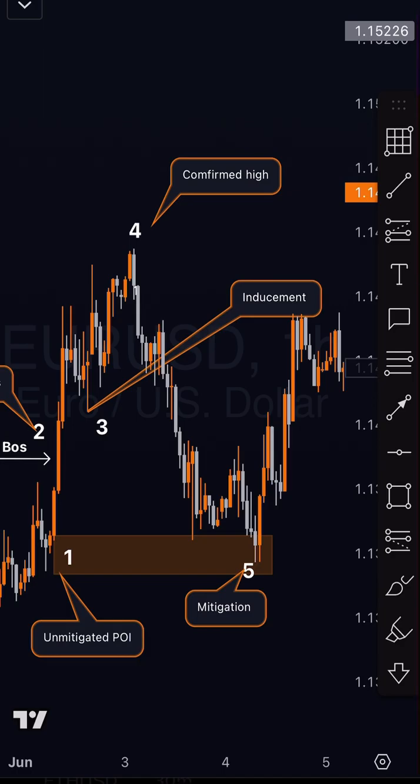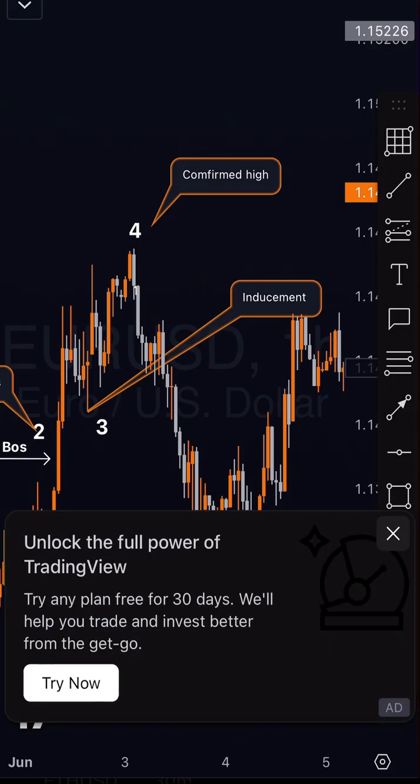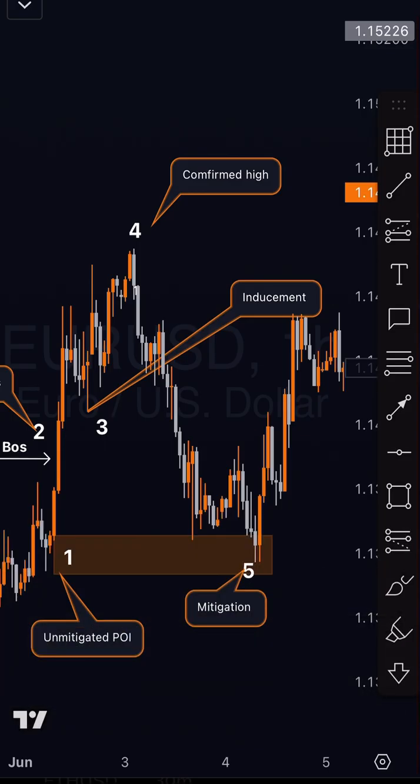Step three is inducement. Now, what do you call inducement? Inducement is the valid pullback, guys. We have the minor inducement and the major inducement, but that's a story for another day. Let me just show you the steps so that you can learn what you can today.